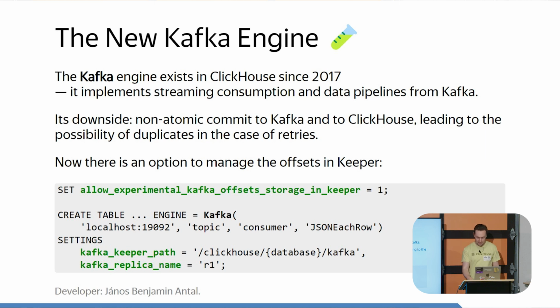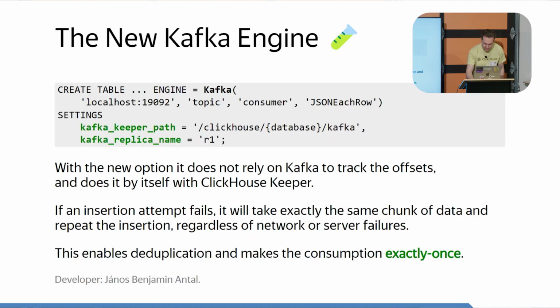So in case of network interruptions, server failures, or Kafka rebalancing, in any case, if something failed, we repeat the same attempt to insert data from the same partition, exactly the same chunk of data. And if it was inserted before, it will be deduplicated. So it makes the consumption exactly once, finally. After how many years? After 7 years, we have fixed this problem.